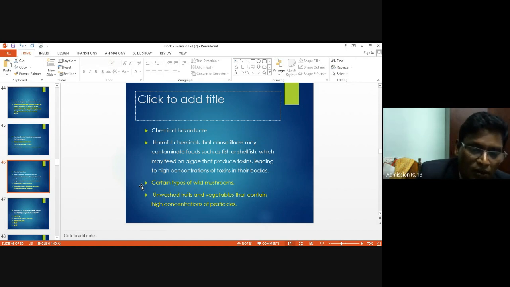So in order to avoid that, people apply pesticides or insecticides to control these pests. These pesticide residues, or chemical residues, stay on the food, particularly the vegetables or fruits, and after consumption they enter the human body, where they cause health problems.